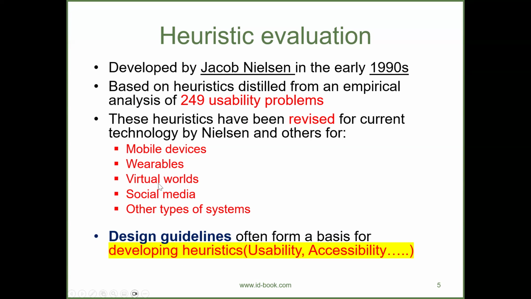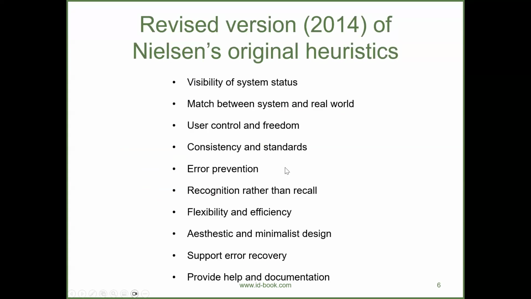And on these guidelines, the heuristic evaluation criteria are built for mobile devices, wearable devices, virtual worlds, social media, and other types of systems. Here is an example of the 10 guidelines.